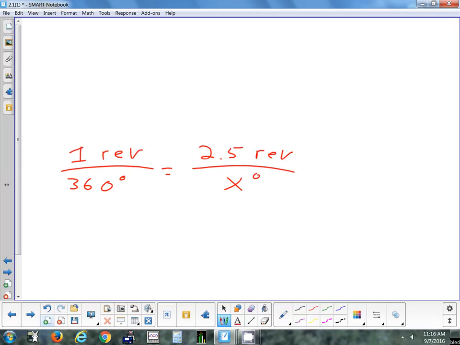And we could solve it. We're not going to solve it, but you could. Just knowing this fact on the left, can I convert between any number of revolutions and any number of degrees I want, or can this only do certain conversions? What do you think?